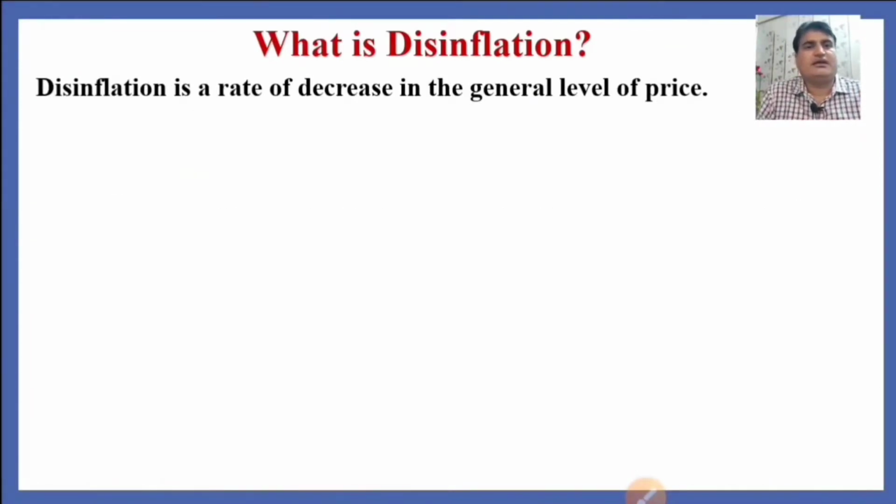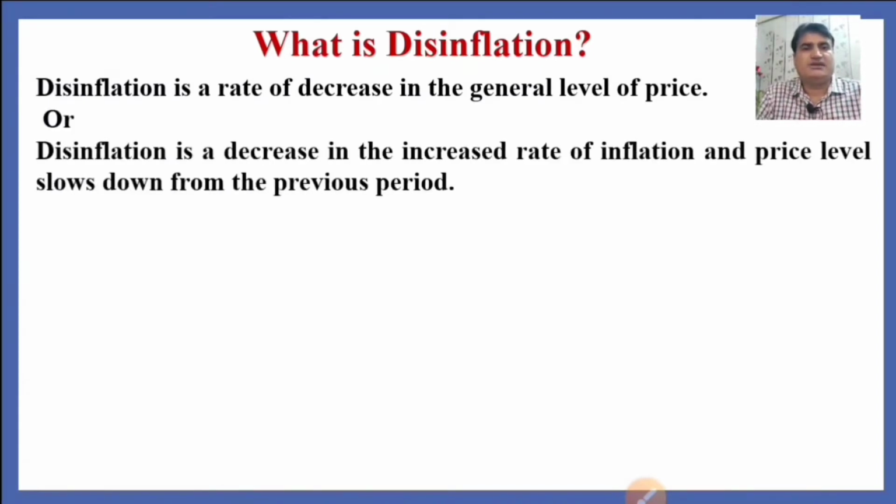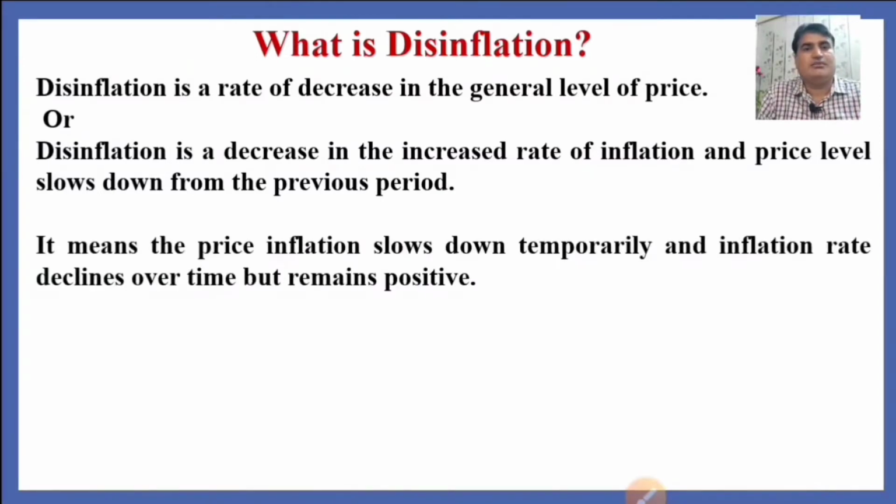Disinflation is a decrease in the rate of inflation, where the price level slows down from the previous period. It means price inflation slows down temporarily and the inflation rate declines over time but remains positive.